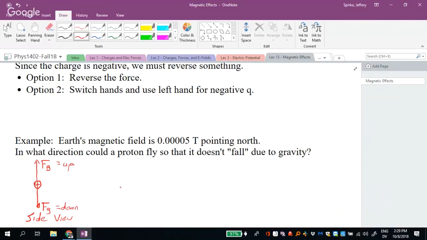Do we want to use a map view where north, south, east, and west are in our drawing? Or do we want to use something similar to what we see there where we have a side view? And if we do the side view, what direction does the camera face? These are the weirdnesses of doing three-dimensional analyses. How about we do a north-facing camera?